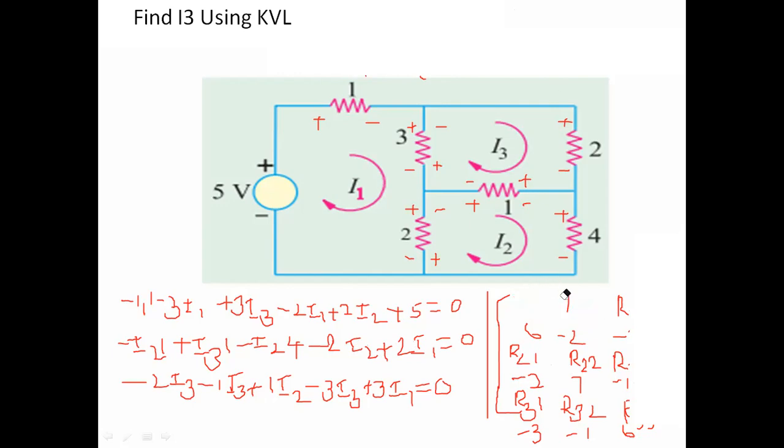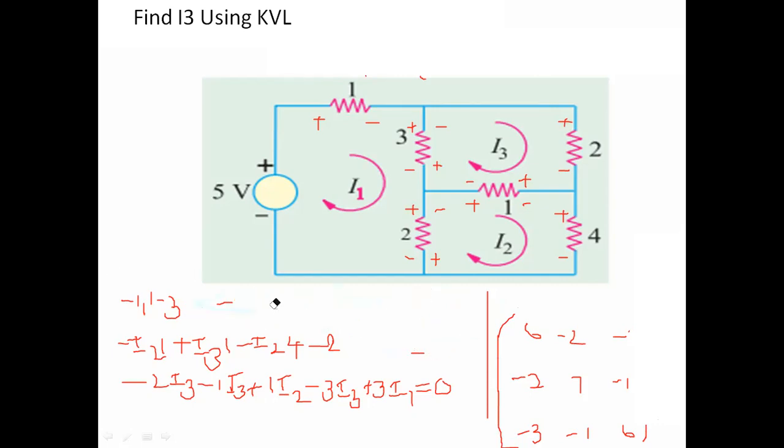So this is R11, R12. By simplifying these equations, we can get this matrix, which is considered as the D matrix.